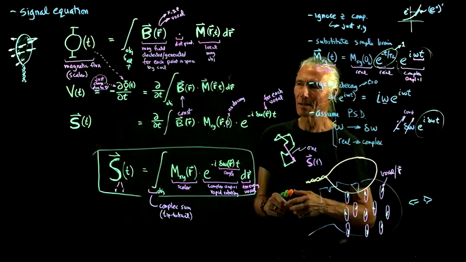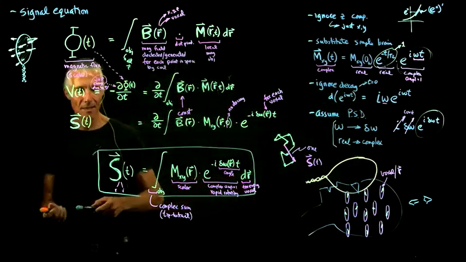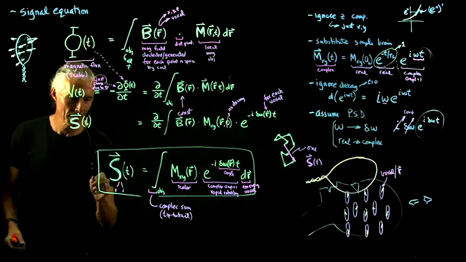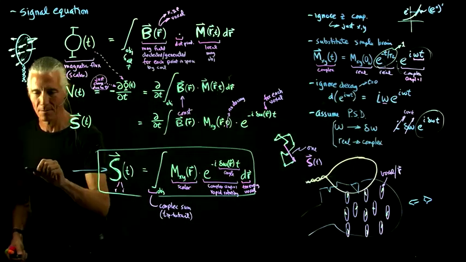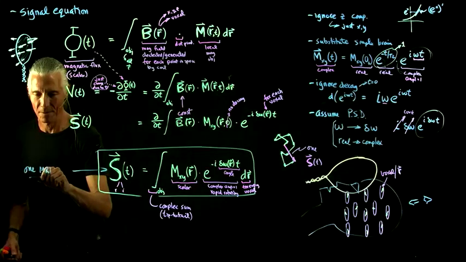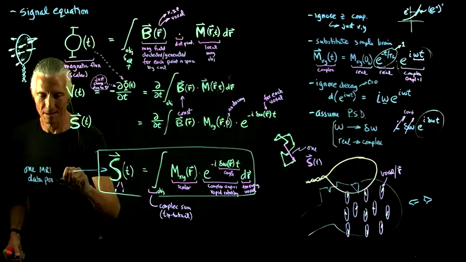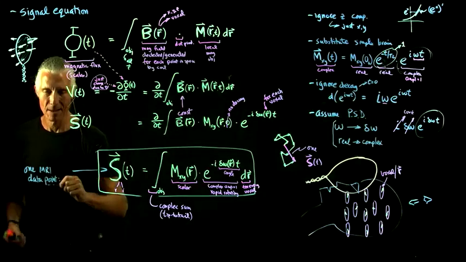So any single data point, this is one MRI data point, and all MRI data points are like this. And what is that?